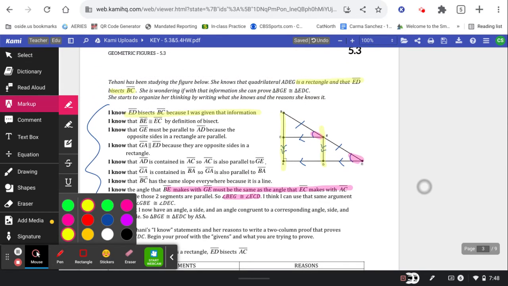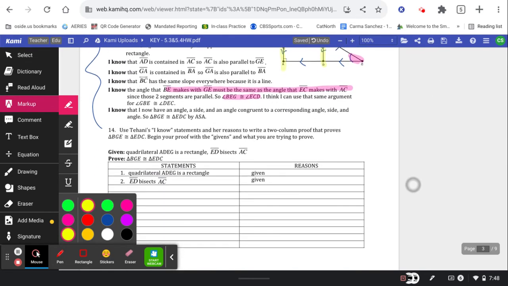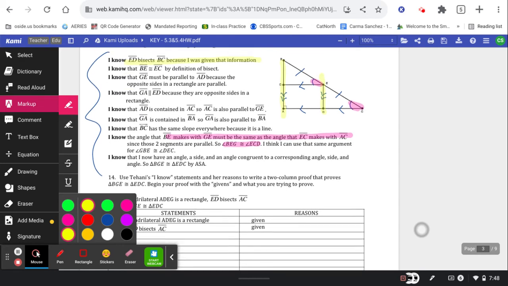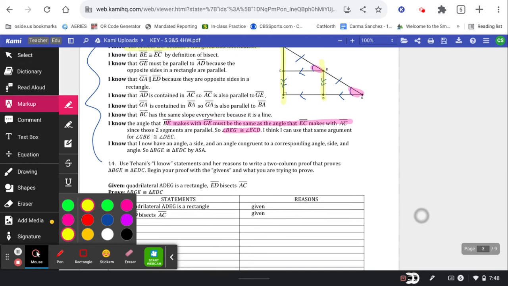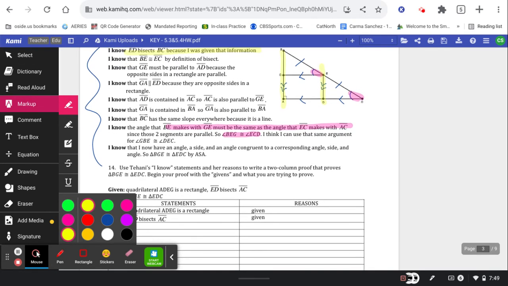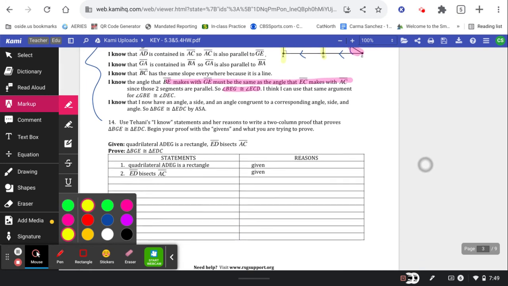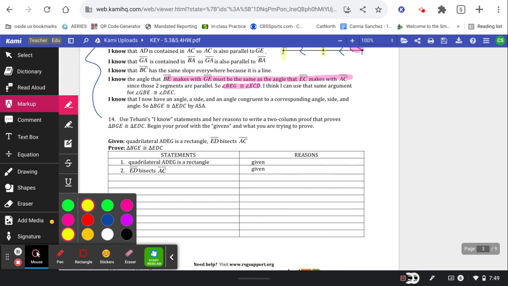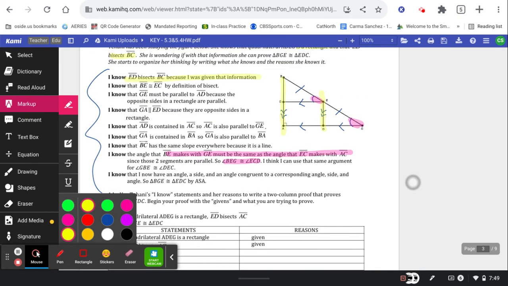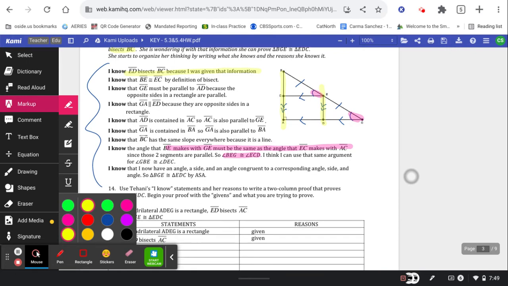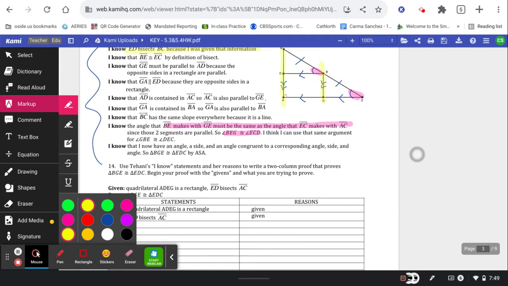If we were told ED bisects BC, she now said, I know that BE and EC are congruent. And so what are we trying to prove? BGE is congruent to EDC.